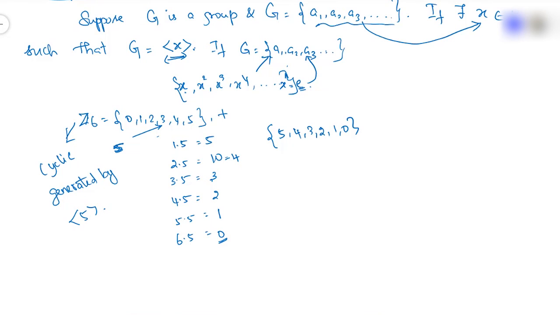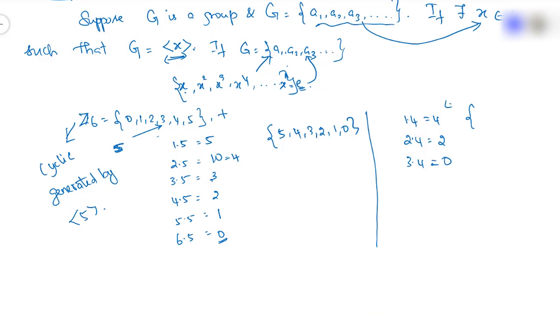Now let's check with another element, 4, whether that also generates the group. 1 into 4 is 4. 2 into 4 is 8, which is nothing but 2. 3 into 4 is 12, which is 0. Once you encounter 0, you have to close it.